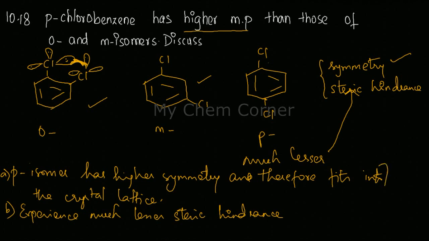So because of these two reasons, parachlorobenzene will have a high melting point, and because the melting point is high, the solubility is going to be low. Alright, so this is how you come to a conclusion when you want to decide whether one isomer has a higher melting point than the other.